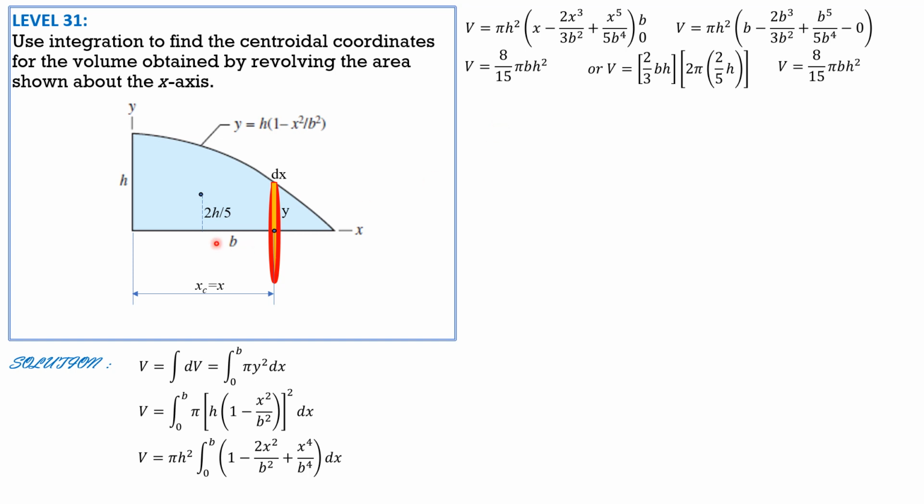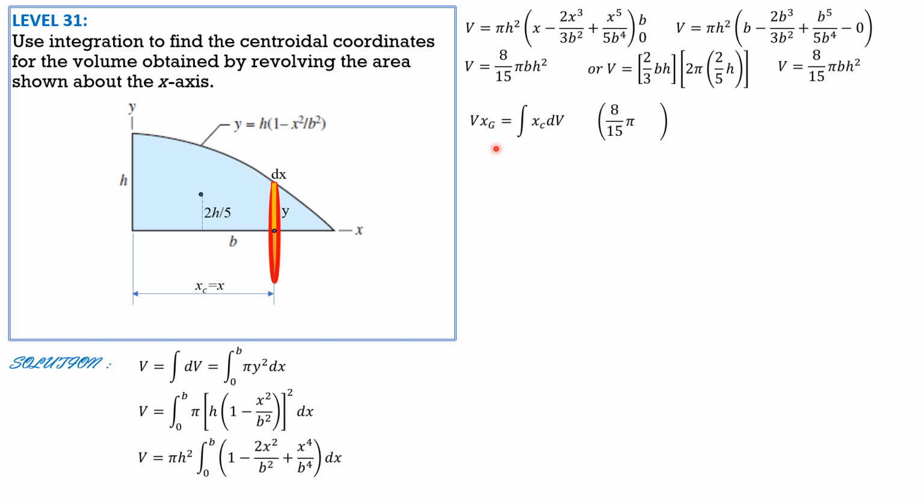Then for the centroidal location, volume times xg equals integral of x sub c dv, where xg is the x coordinate of the solid, entire solid when revolved about the x-axis. X sub c is the x coordinate of this differential element, which is just x.